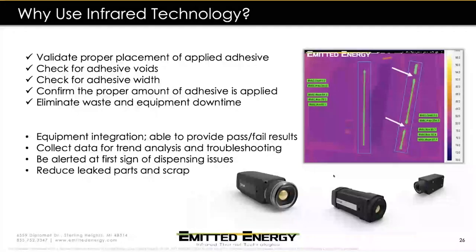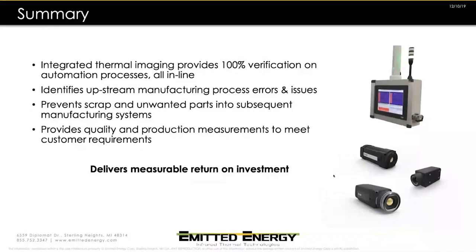We don't want to wait till 70 parts run down the line and we leak test and then find out we have to validate or throw away 70 parts. So we want to know at first sign that we're having issues, and we want to reduce the leaked parts and scrap and negative ROI placement into our manufacturing process. So that's why we want to use that.